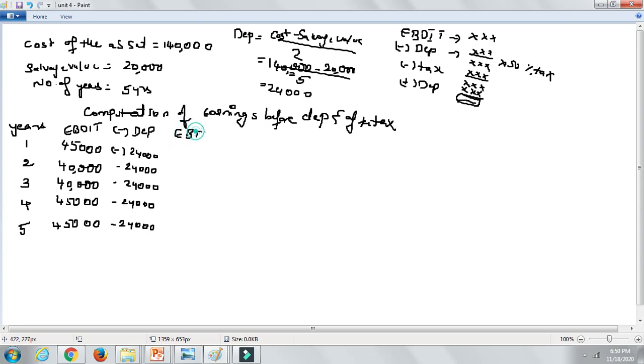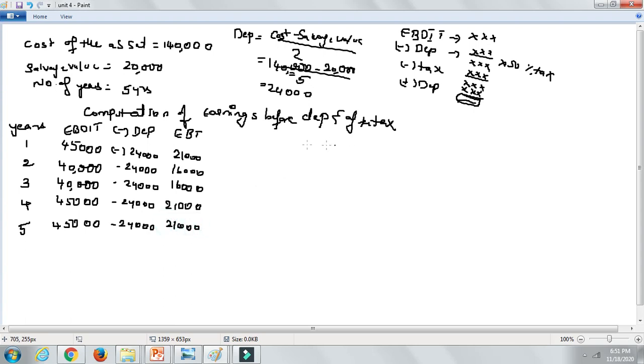Here you will get earning before tax. After subtracting, 45 minus 24 gives 21,000. 40 minus 24 gives 16,000. 40 minus 24, again 16,000. 45 minus 24, 21,000. 45 minus 24, 21,000.